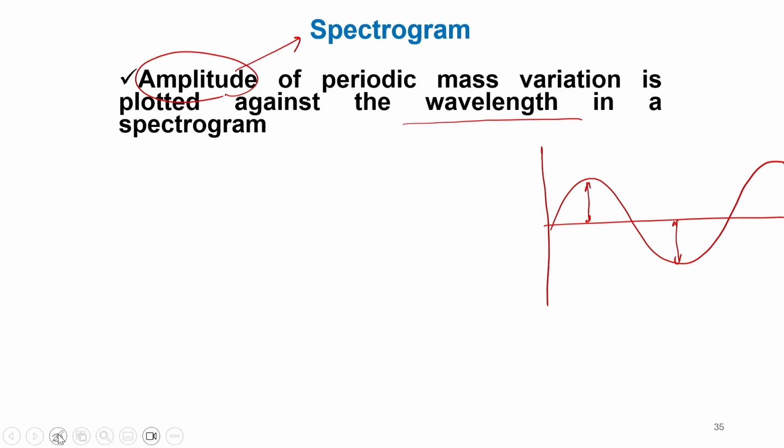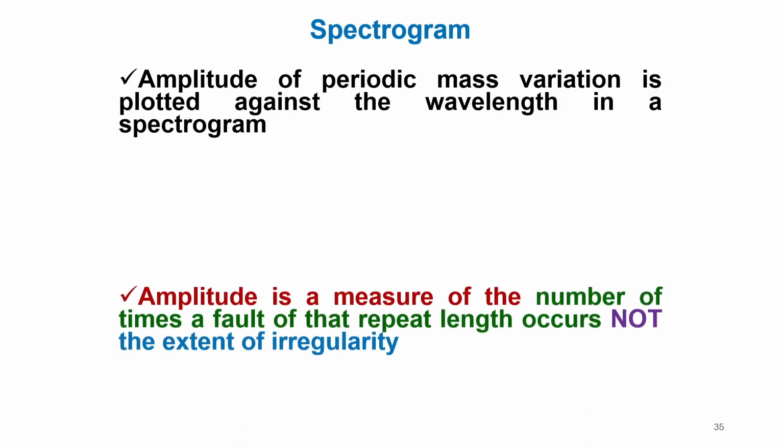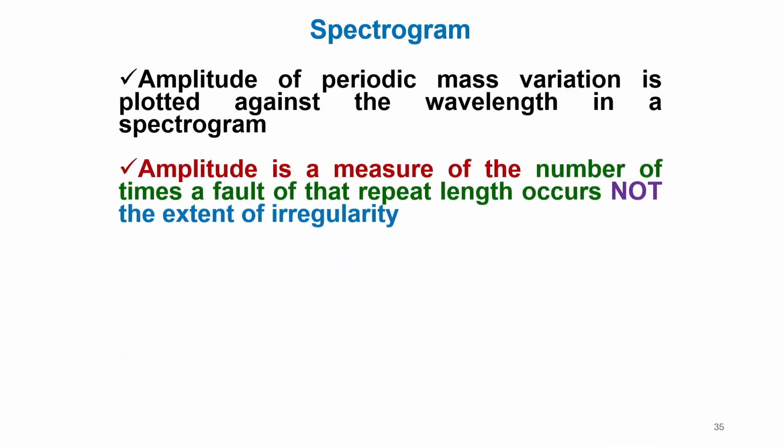This is not the maximum variation. Amplitude is a measure of the number of times the fault of that repeat length occurs, not the extent of irregularity. We must understand that clearly.